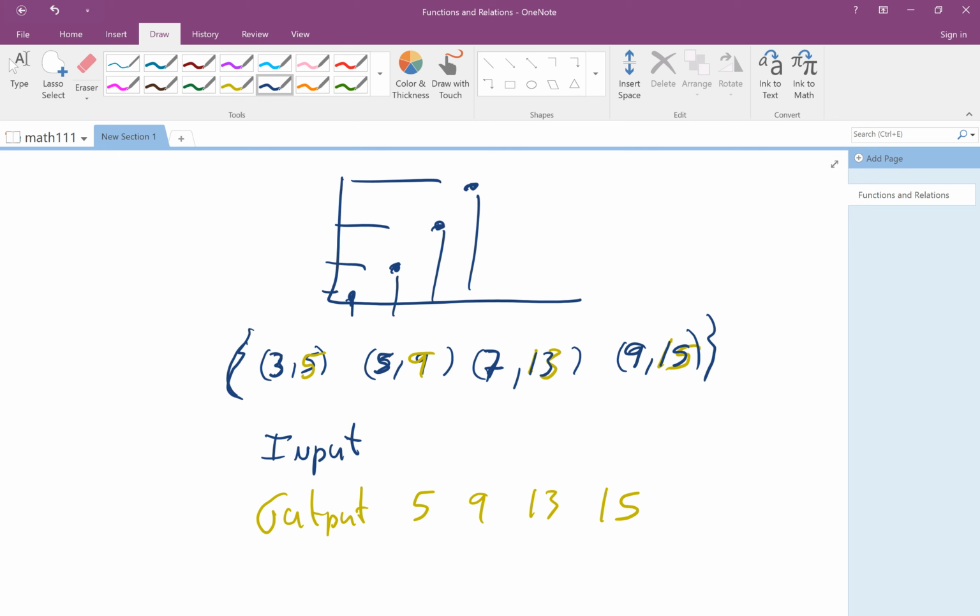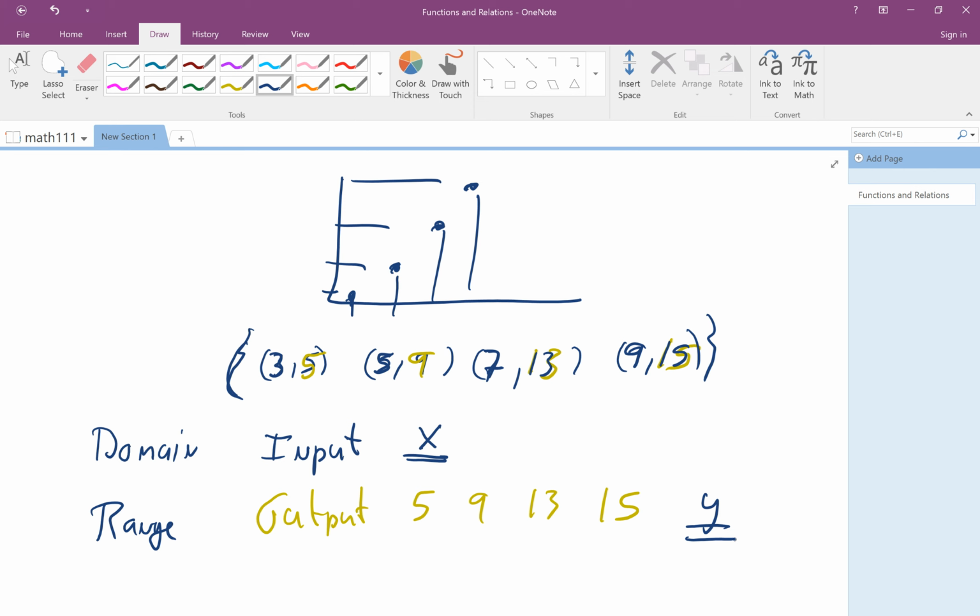So input mathematically is called a domain, which is our x's. That's how you probably know it. And output is called the range, which is y's. That's probably how you know it, because that's what you've been taught, and that's what you connect with.